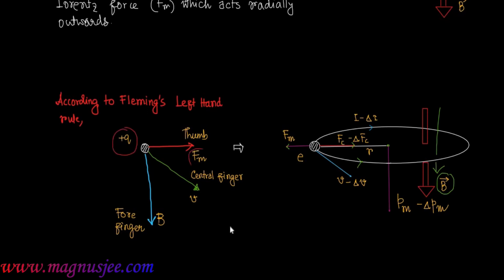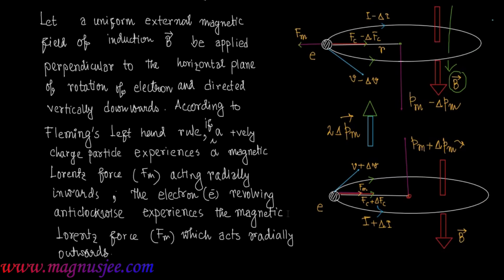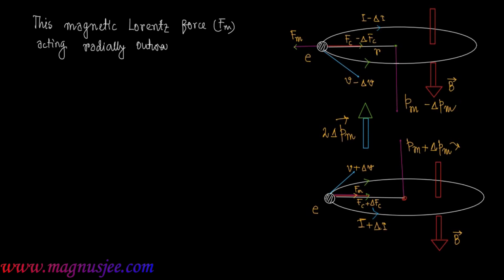That means the magnetic Lorentz force Fm experienced by the electron revolving anticlockwise will act radially outwards.